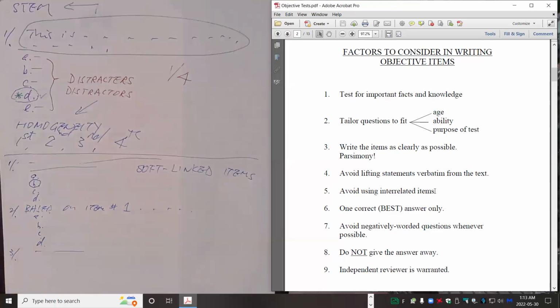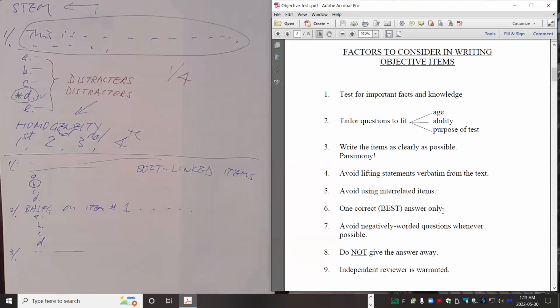But anyway, that is out of the question. So avoid using interrelated items. Make sure each item is independent of one another.